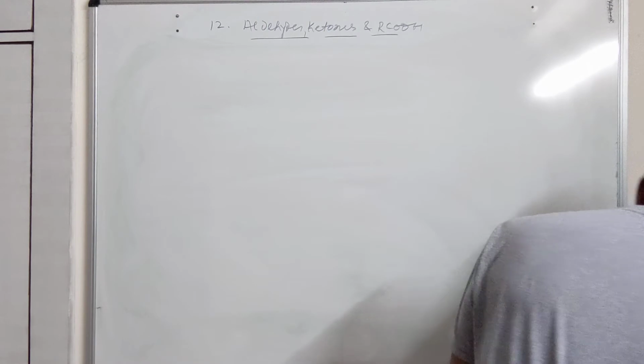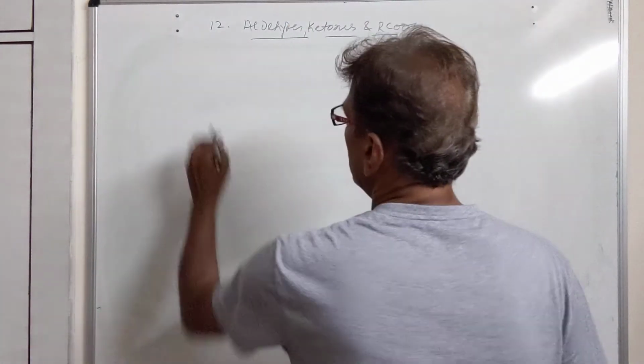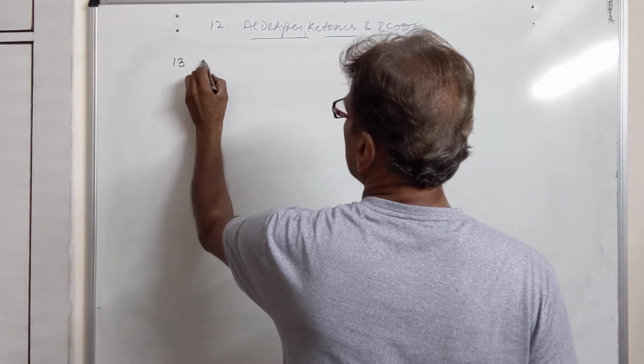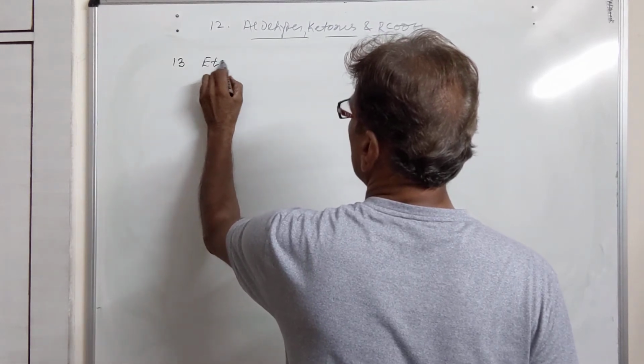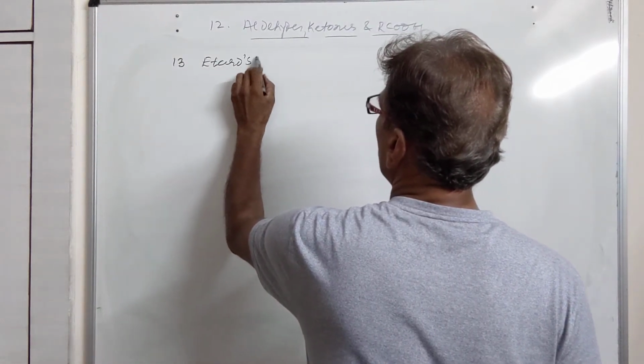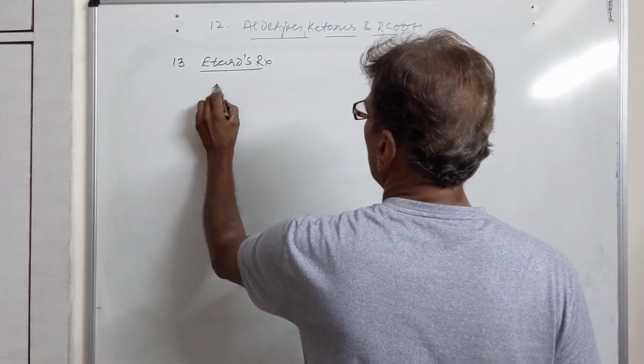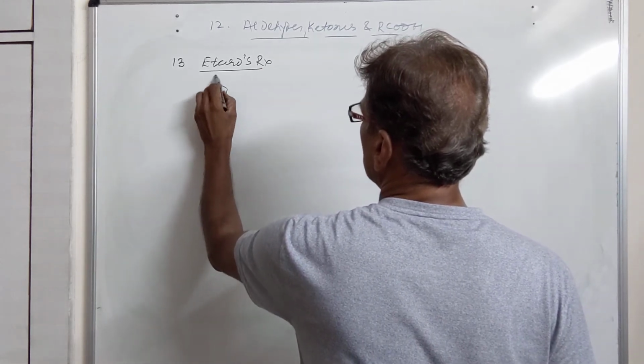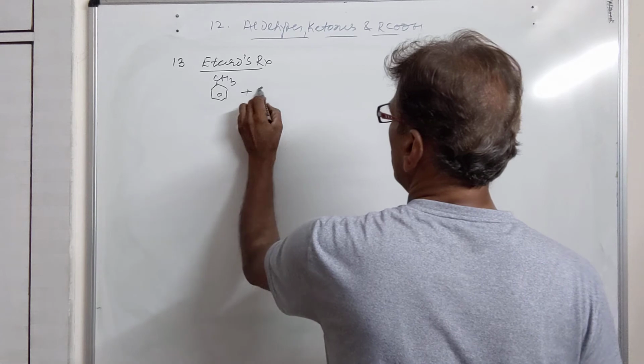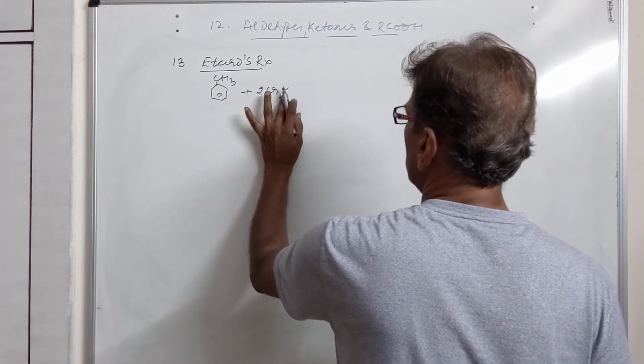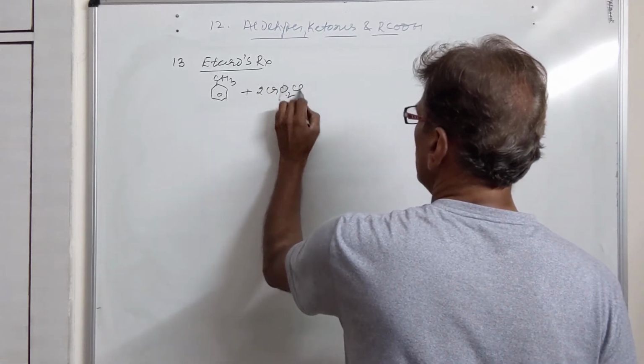So the 13th method is the method to prepare aromatic aldehydes, that is the Etard reaction. The Etard reaction involves the treatment of toluene with chromyl chloride, CrO2Cl2.